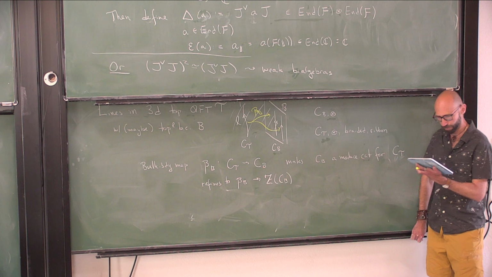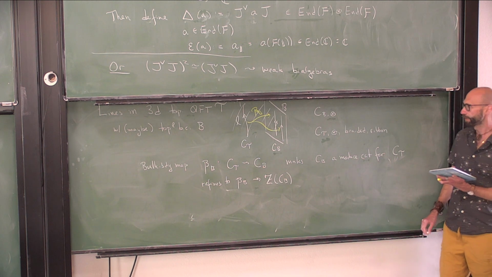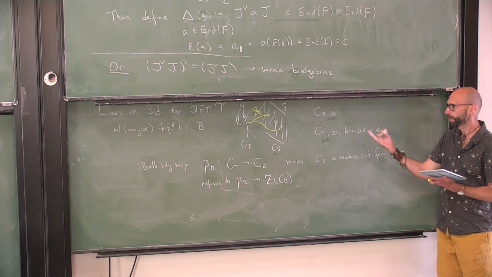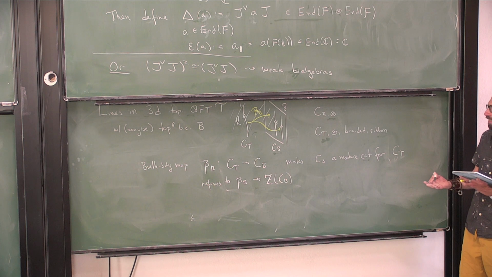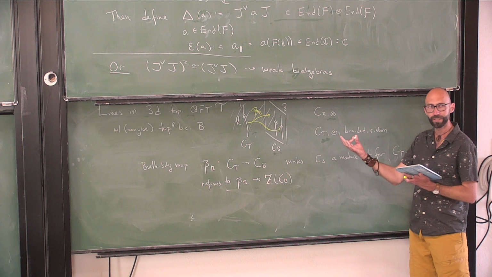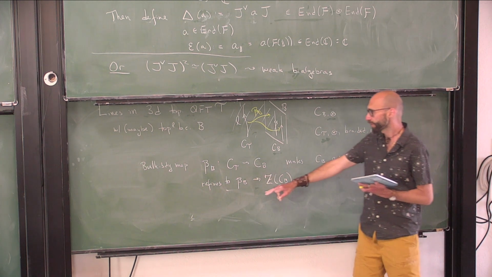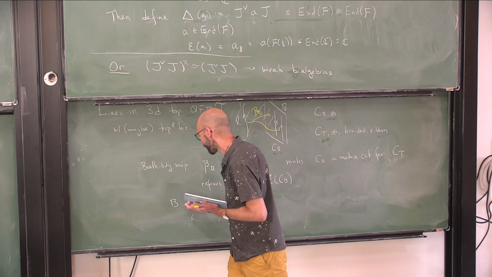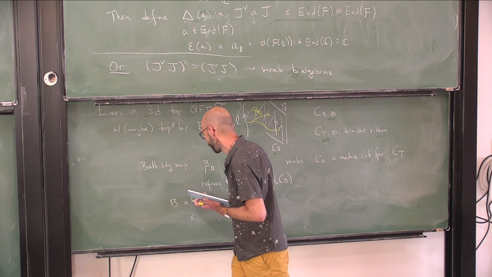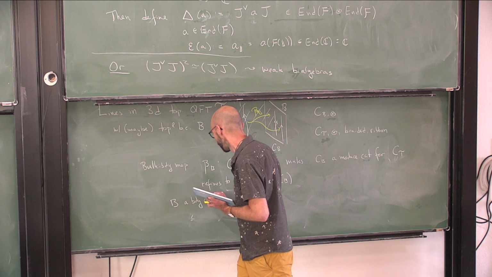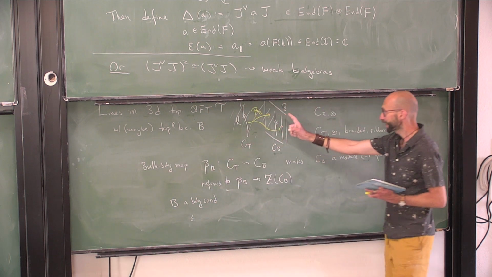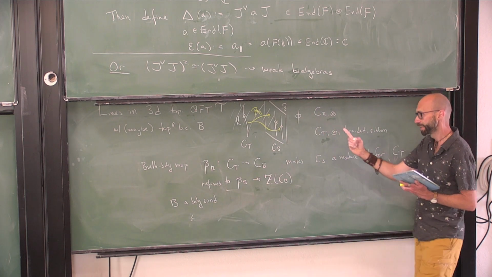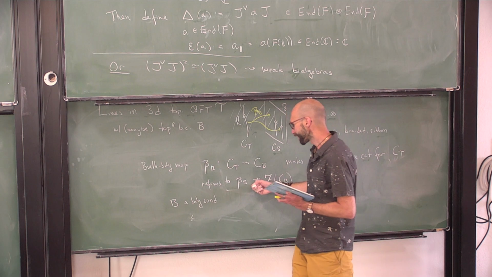And one way, if you are happier with module categories than with pictures, one way to say what I mean by a boundary condition for a 3D QFT is through this map. So CB being a boundary condition, as opposed to an interface to some more interesting theory on the other side, means that this thing is surjective.